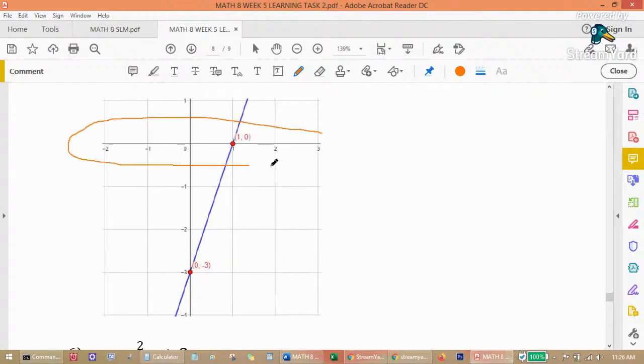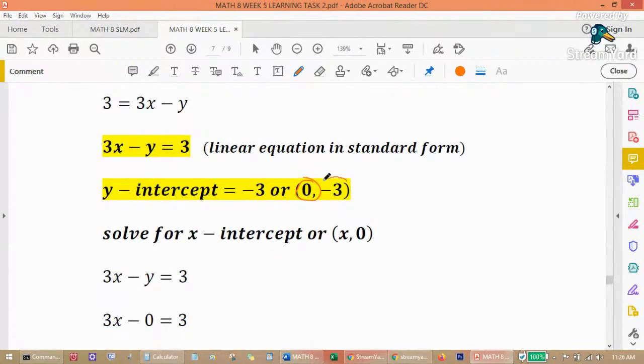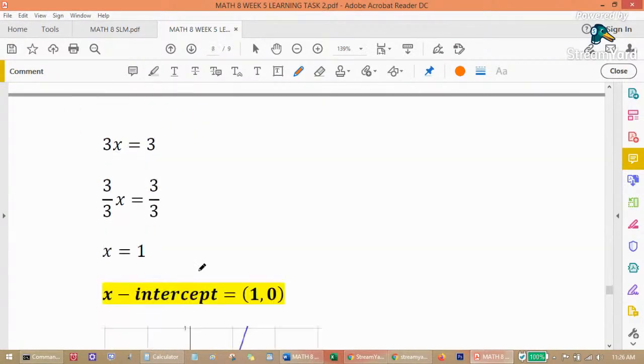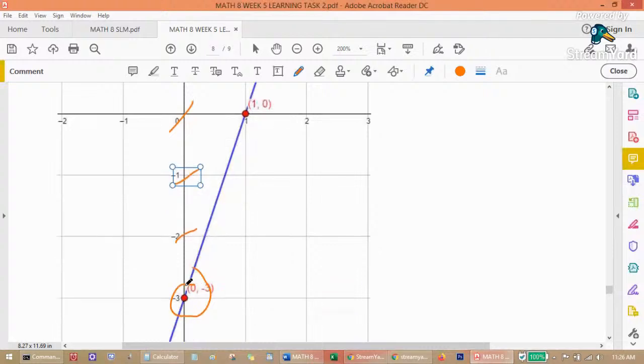So, ito yung x natin. Ito yung 0. Then, sabi ng y, ang y is negative 3. So, ibig sabihin, bababa tayo ng 3 units. -1, -2, -3. That's the second point.